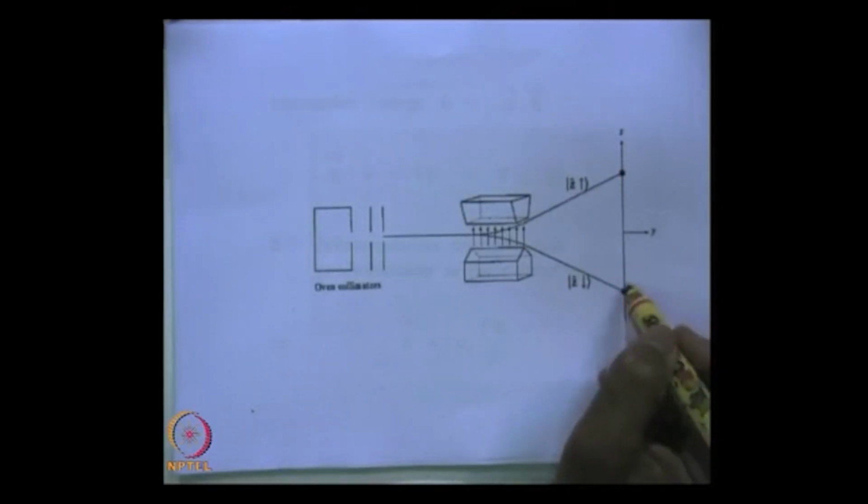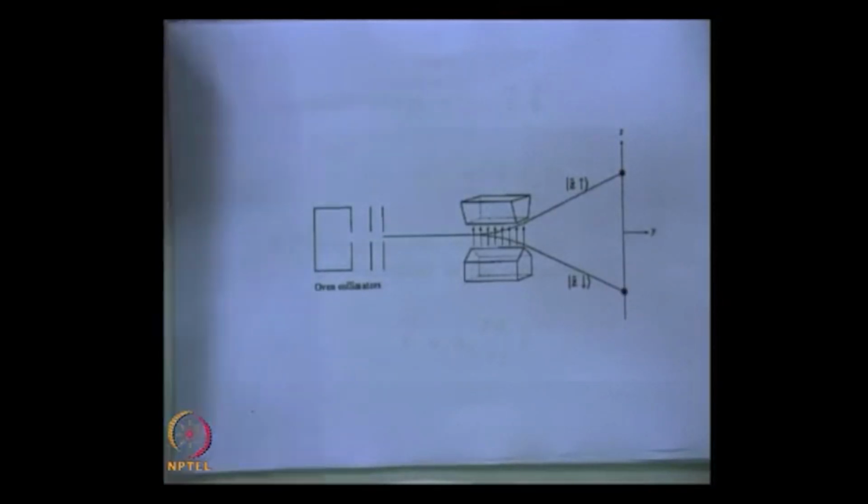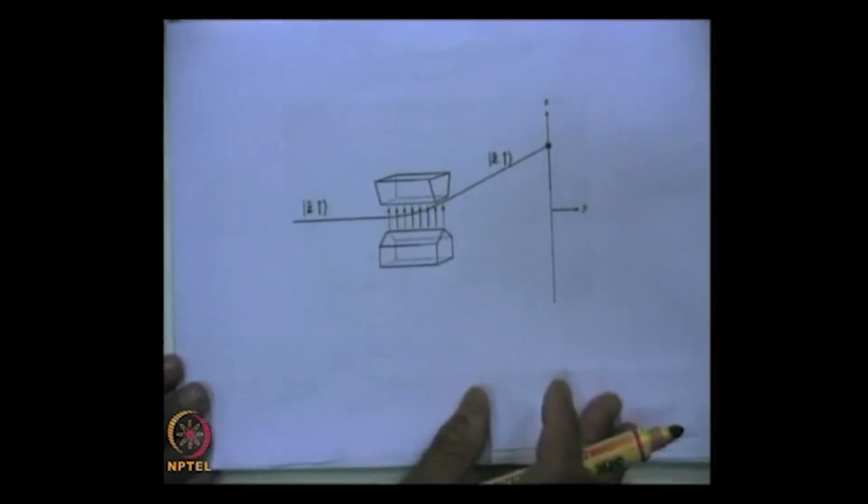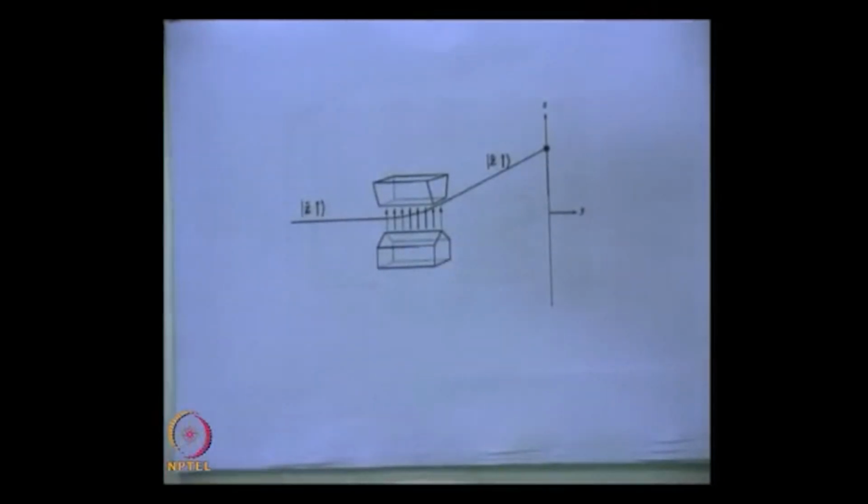Now, let us suppose I block the beam and I allow the z up state to pass through again a similar inhomogeneous magnetic field. Then all the magnets are pointing upwards, all the magnets are in an eigenstate of the operator mu z or S z.